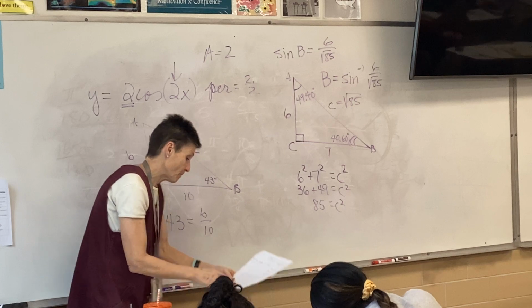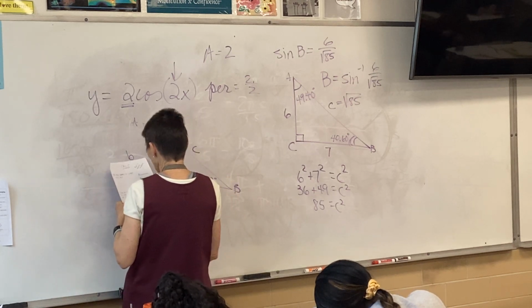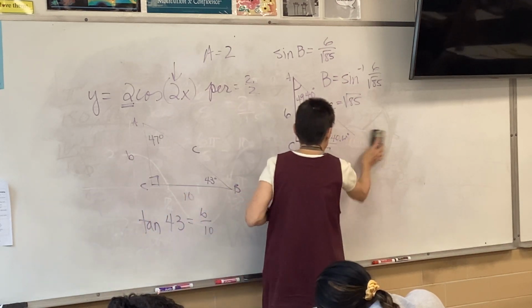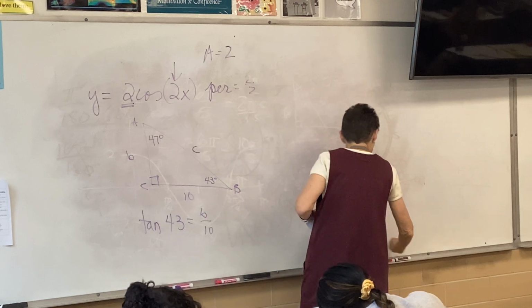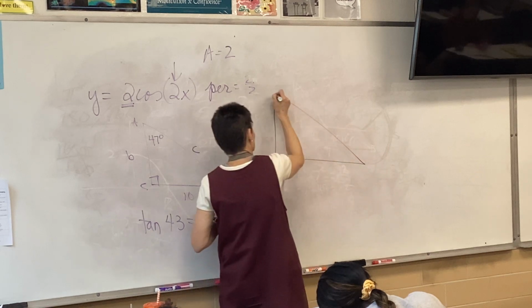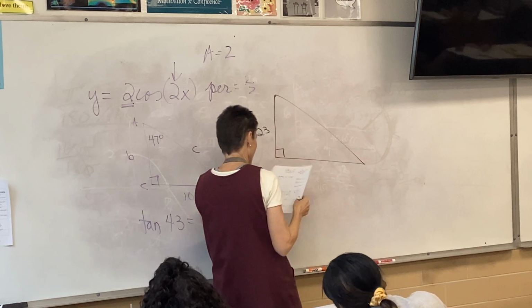All right, how far from the base of a tree is a worm if its angle of elevation to a bird in the top of the 23-foot tall tree is 19 degrees? There's the tree, 23 feet tall.